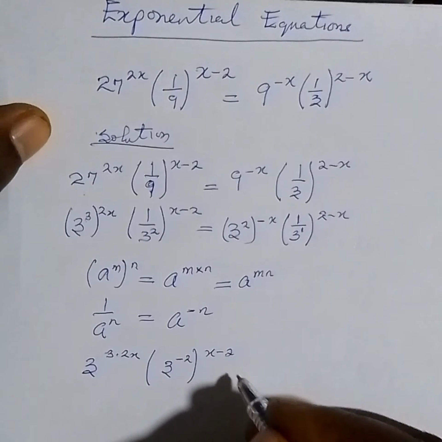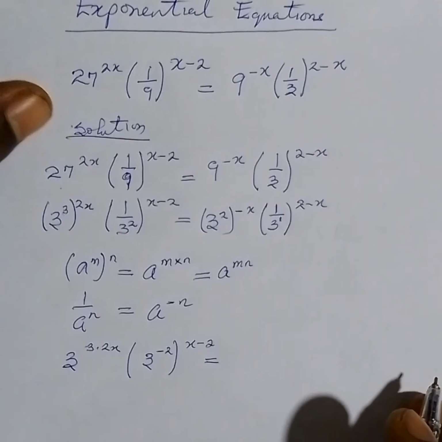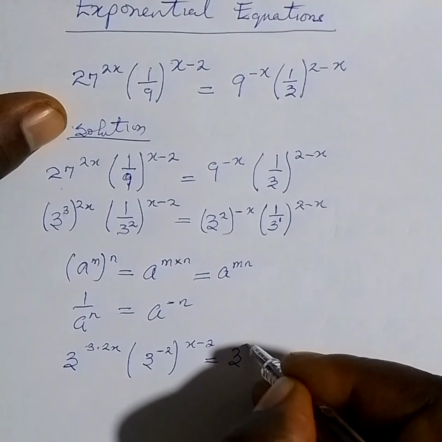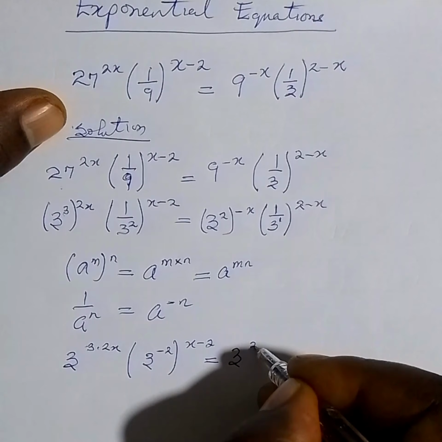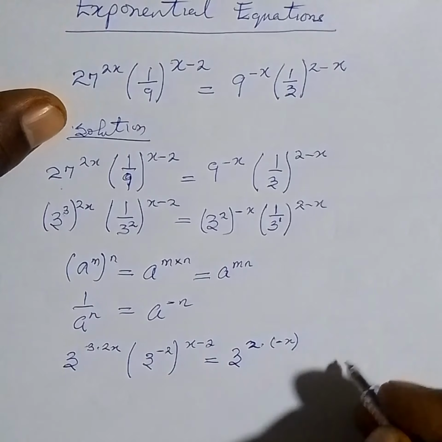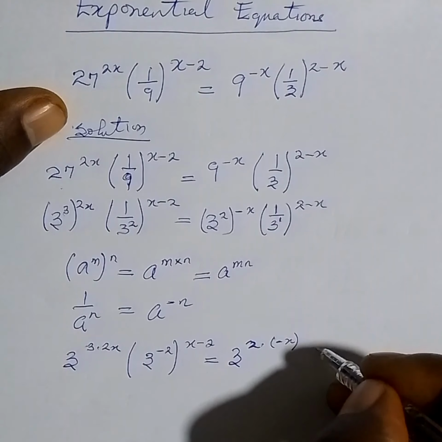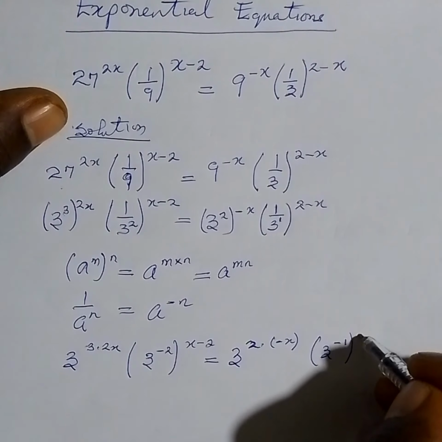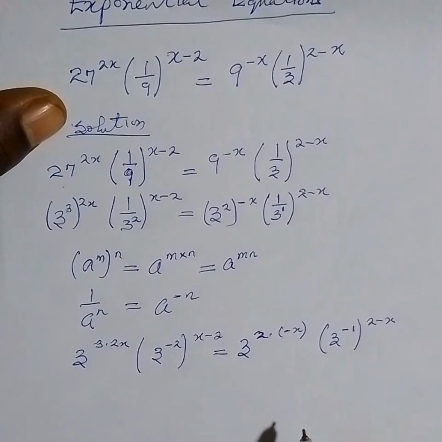We do the same thing to the right-hand side: 3 to the power of 2 times minus x, and 3 to the power of minus 1, all to the power of 2 minus x.